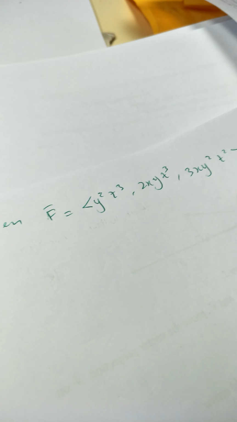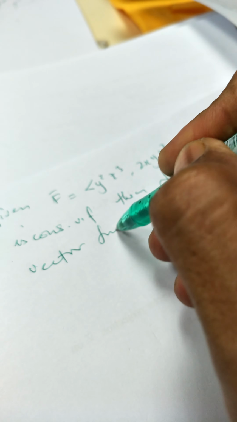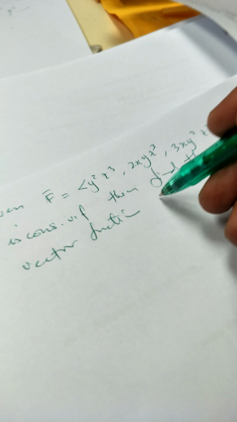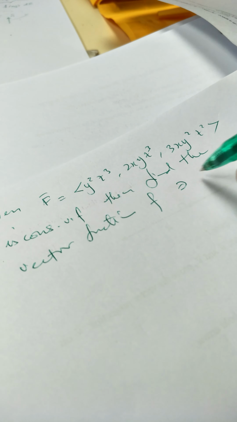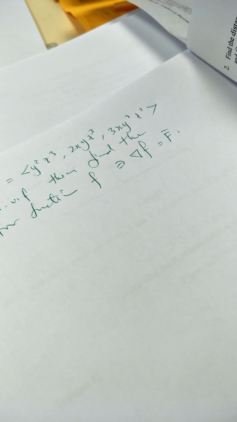Given that it is a conservative vector field, find the scalar function f such that del f is equal to F. Can I leave this as an exercise to you?